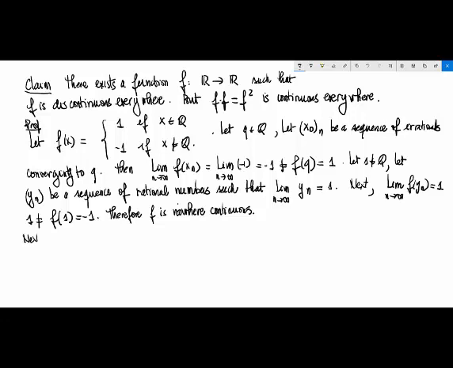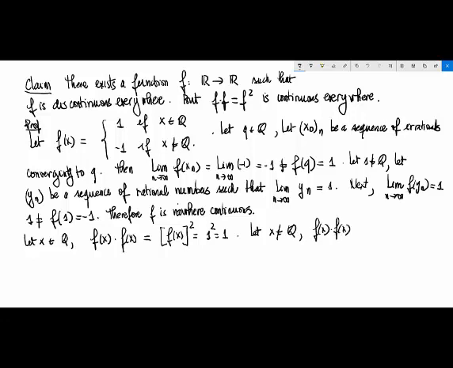Now let x be some rational number, then f of x times f of x will be f of x square, and that's 1 square, which is 1. And if we let x be some irrational number, then f of x times f of x is -1 square, and that's still 1.